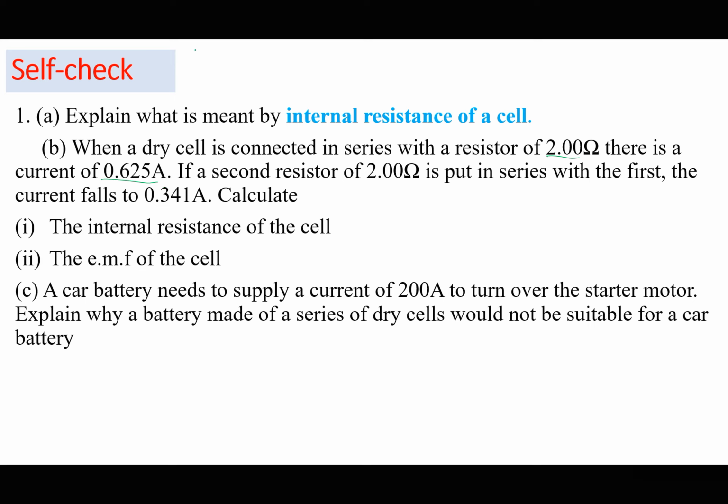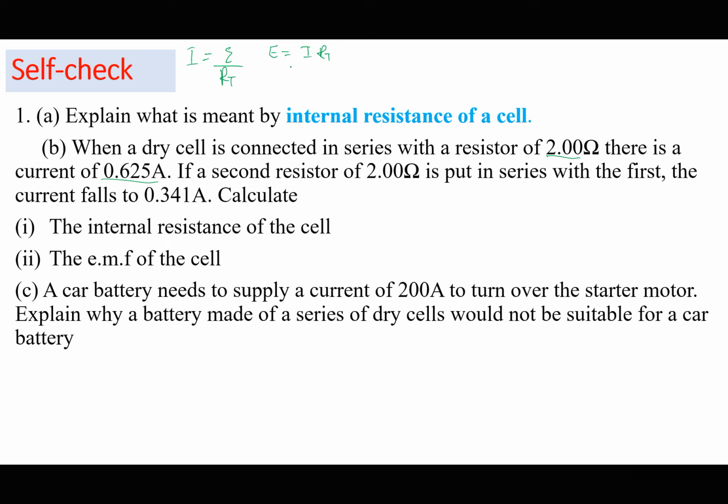So remember the current is equal to the EMF divided by the total resistance, RT is equal to total resistance. So it means the EMF is going to be the current times the total resistance.